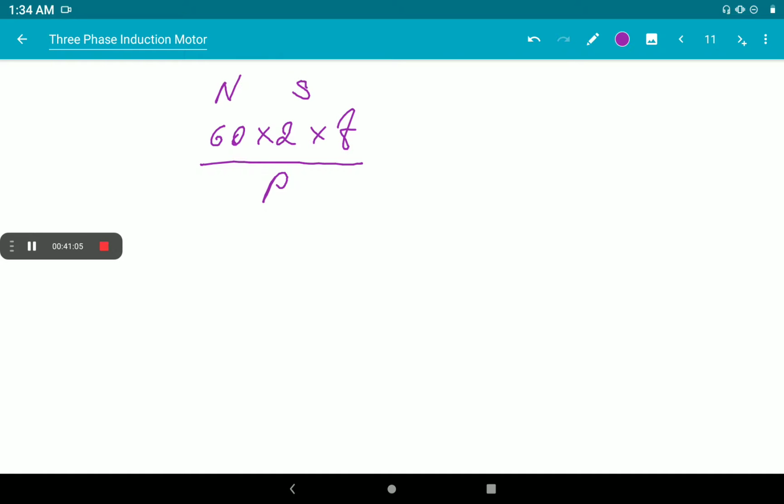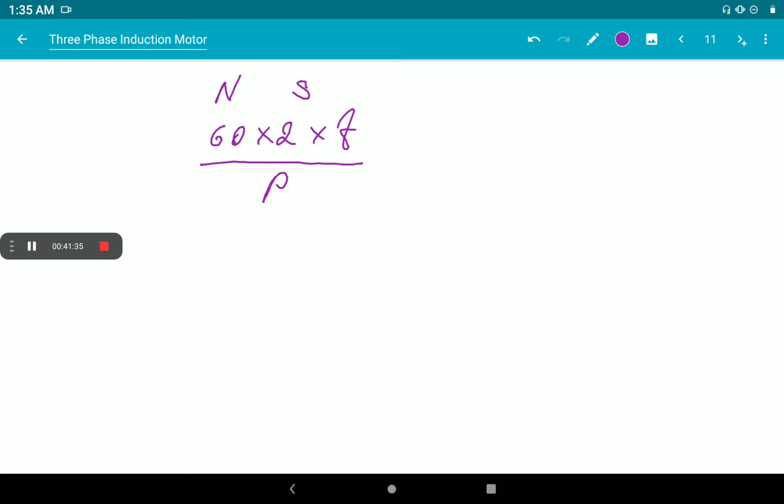So for 360 degrees there will be one revolution. At t seconds, 1 by F is the cycles. For 60 seconds the number of revolutions is 60 by 1 by F. By considering a pair of poles, multiply by 2.